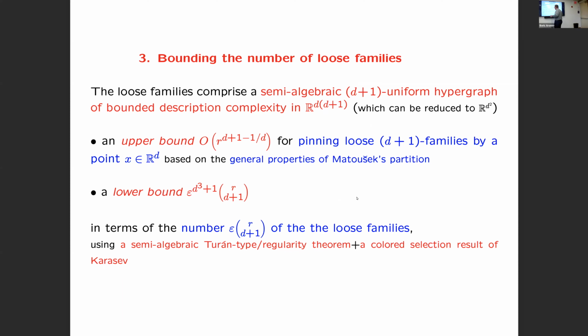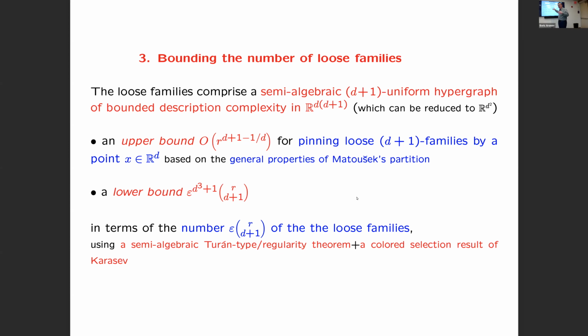For one, one can show, using the basic properties of Matoušek's simplicial partition, that no point is going to pierce, to pin, more than this number of loose families of d plus 1 simplices. This is the first step. This is basically what we gain from Matoušek's simplicial partition.